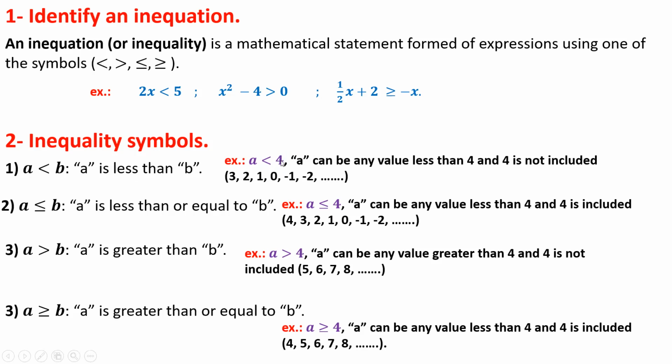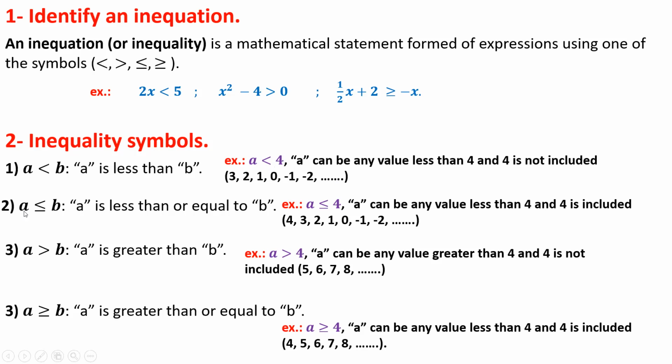What are the values less than 4? 3, 2, 1, 0, minus 1, minus 2, minus 3, etc. I have infinite solutions. But one of my solutions is this, but it cannot be 4. That's why we say 4 is not included between my solutions.